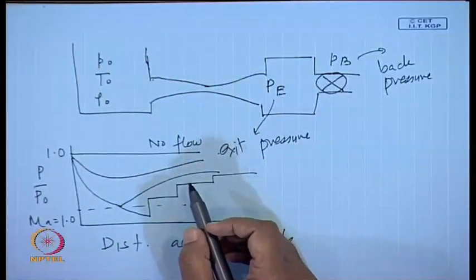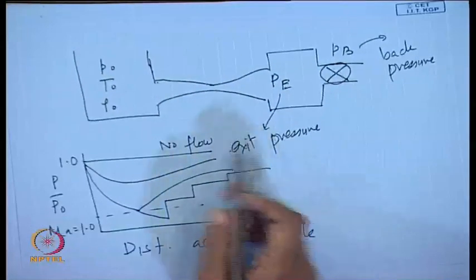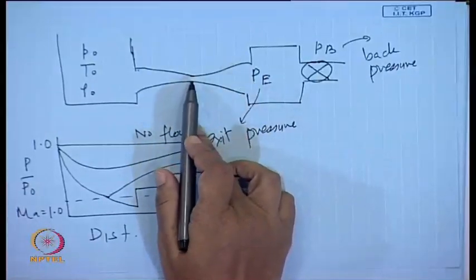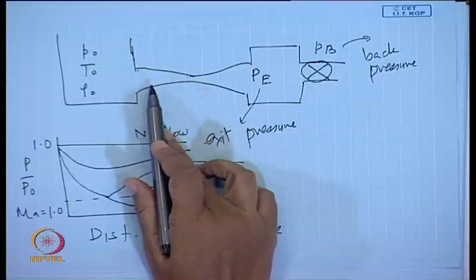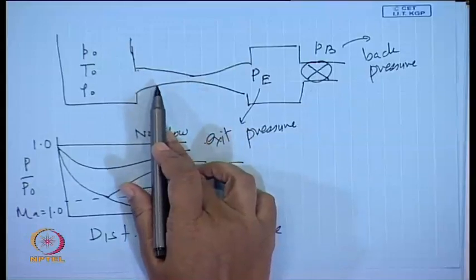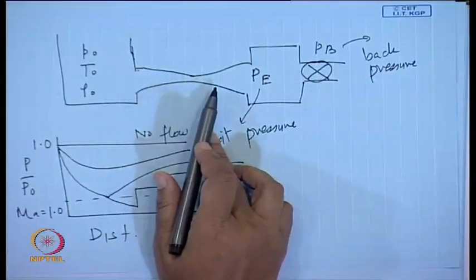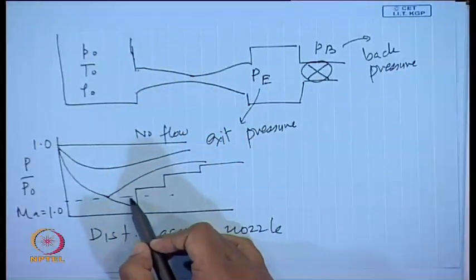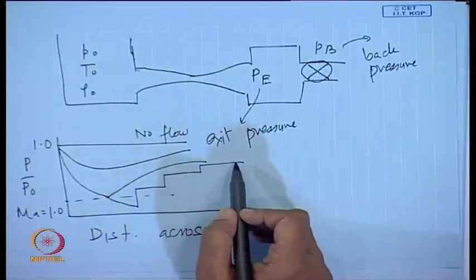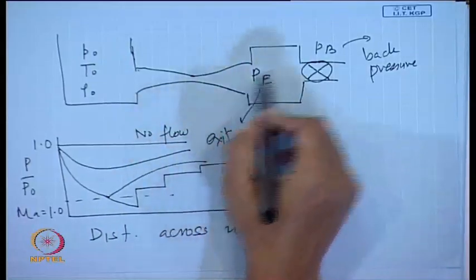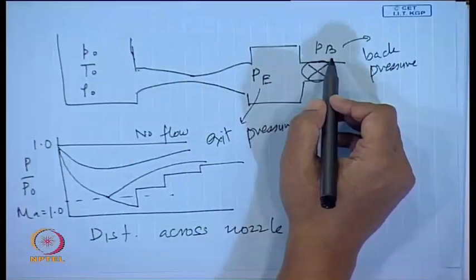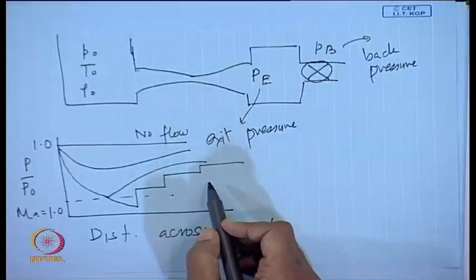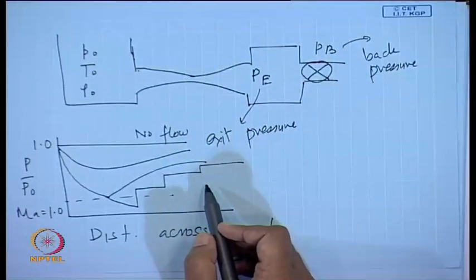Now, if we reduce the back pressure further, then the flow upstream of the throat does not respond at all, but in the downstream or diverging section, the flow initially becomes supersonic and then it adjusts itself to the back pressure Pb, because finally it has to come to this pressure Pb. So, it adjusts itself to the back pressure Pb by means of shock waves.